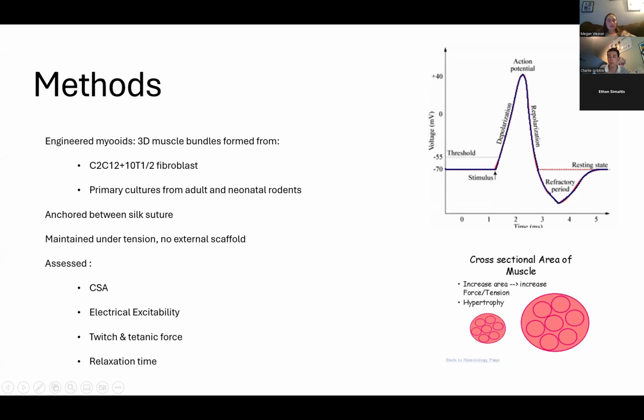The tension is key. It mimics the mechanical environment of a real muscle and helps guide alignment and development. They evaluated several key features, including the cross-sectional area, the electrical excitability, twitch and tonic force, and relaxation time. Overall, this approach creates a simple but functional 3D muscle model without needing an external scaffold.